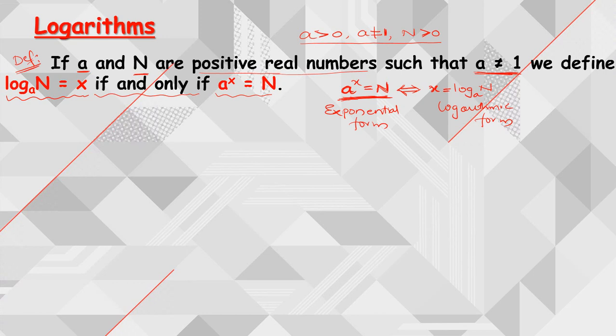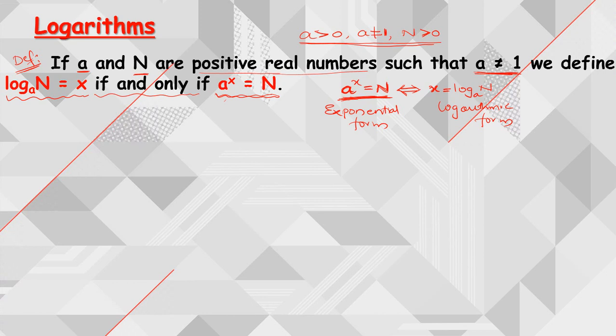Whenever you have an exponential form satisfying these conditions, we can convert it into logarithmic form and write it as x is equal to log n to the base a. You need to read it as log n to the base a is equal to x.